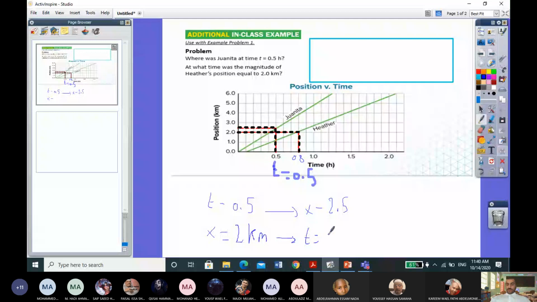Who can tell me? 0.8, excellent. At 2, it's 0.8 hours. So, guys, now this is in kilometers, and this is in hours, and this is in hours.